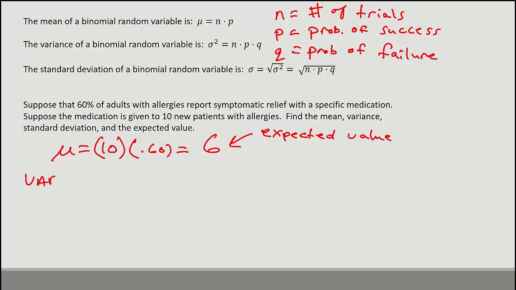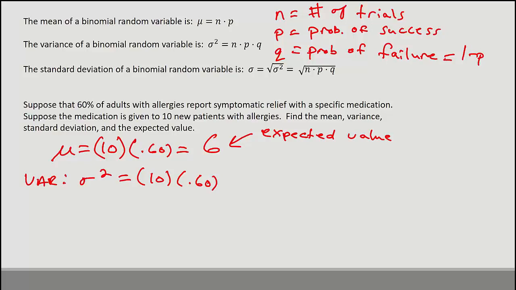All right, the variance. The variance is n times p times q. Well, n is 10, p is 0.60. What the heck is q? Well, q is, let me come back up here. Q is, if only two things can happen, either success or failure, Q is just simply 100% minus your probability of success. 1 minus p.